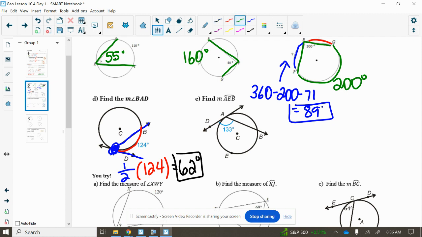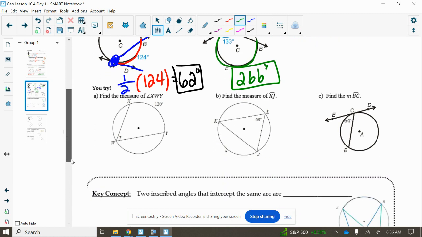And then over on the other one, we are actually given the angle and we want the measure of the arc it is on. So again, this angle is on the circle and we are opening up onto arc AEB. So we would double that to get the measurement of 266 for our arc on the circle.